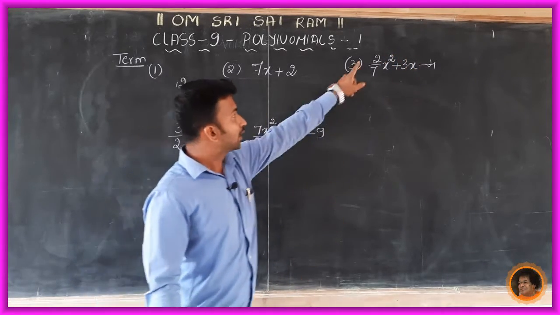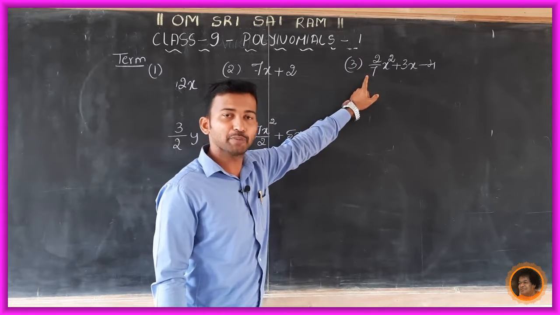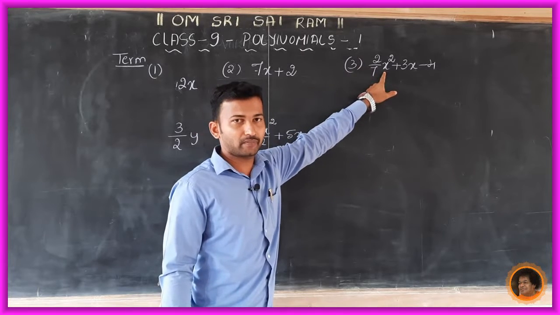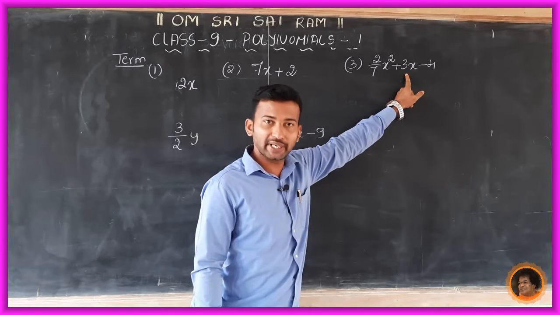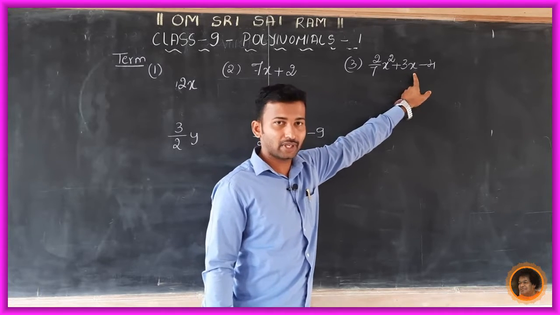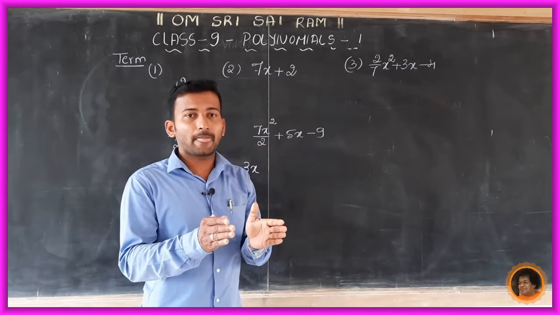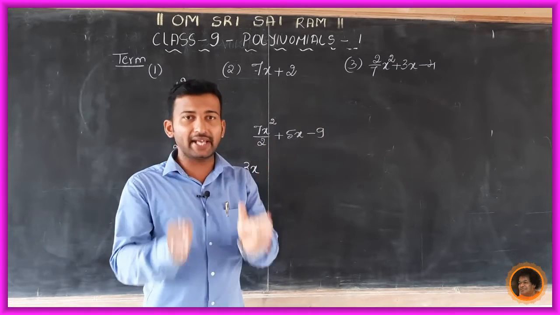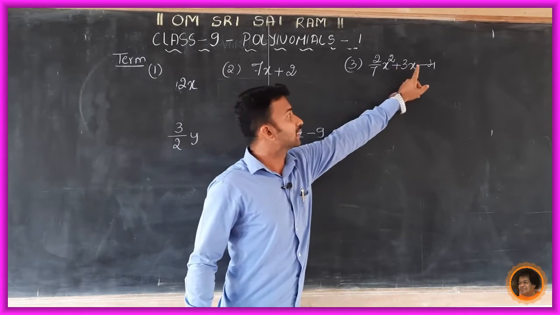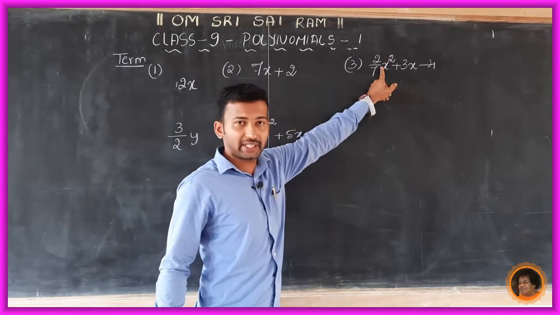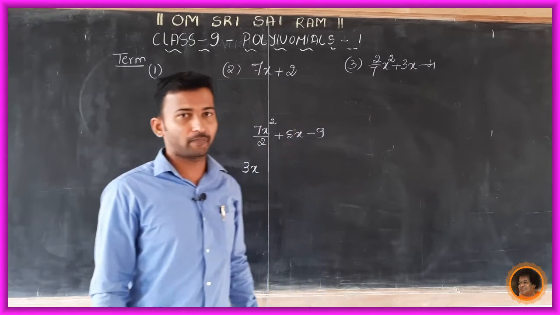Similarly, 2 by 7 is the numerical coefficient of x square, 3 is the numerical coefficient of x, and minus 4 is a constant. The three terms are combinations of constants and variables connected by addition, subtraction, multiplication and division. So it is called an algebraic expression.